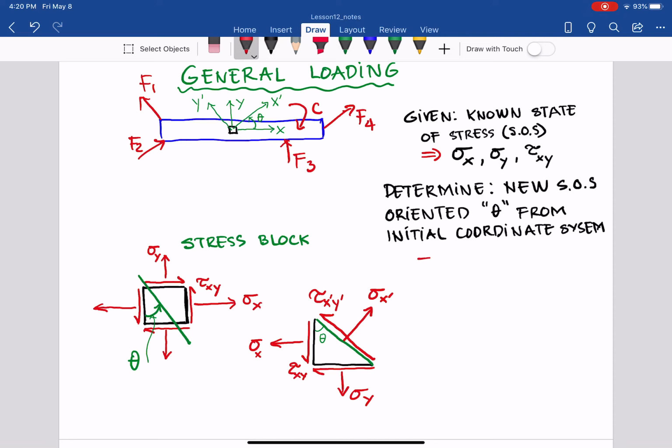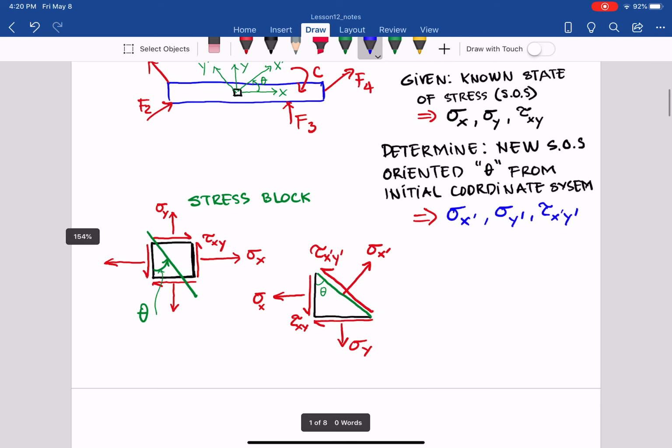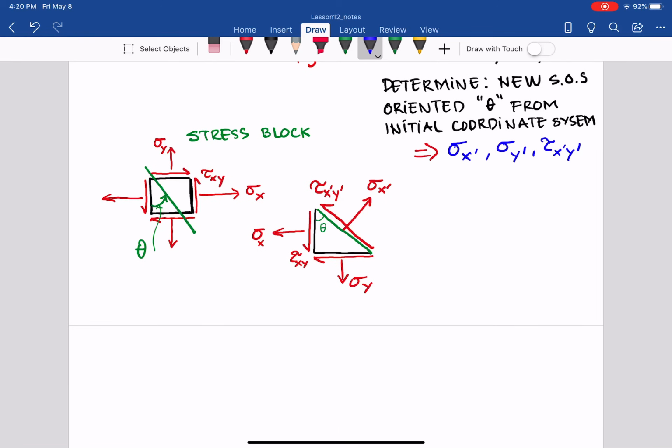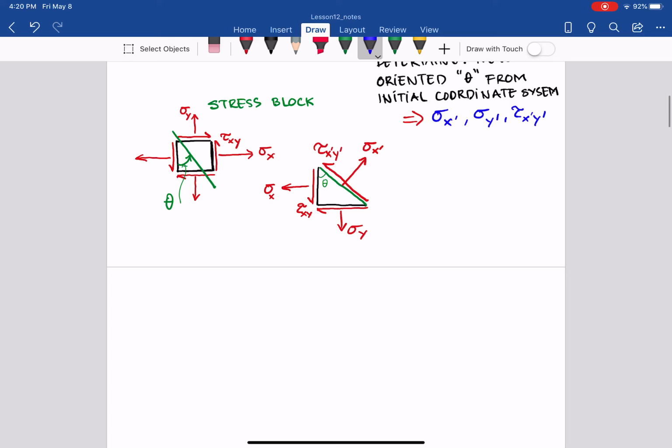We want to know what is sigma x apostrophe, sigma y apostrophe, and tau x apostrophe y apostrophe when we form an angle theta in there. So let's work on this with the stress transformation. With that setup, we can go to the stress transformation, the main topic for today's class.